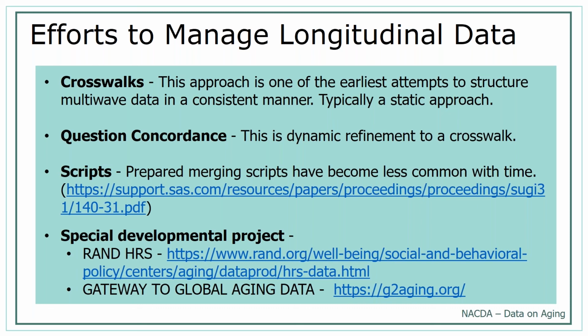Similarly, there's projects such as the Gateway to Global Aging Data, which works very hard to organize and standardize the waves of independent studies, NIA international studies, largely sister studies of the HRS. They've done an excellent job of allowing people to move forward with comparative research.